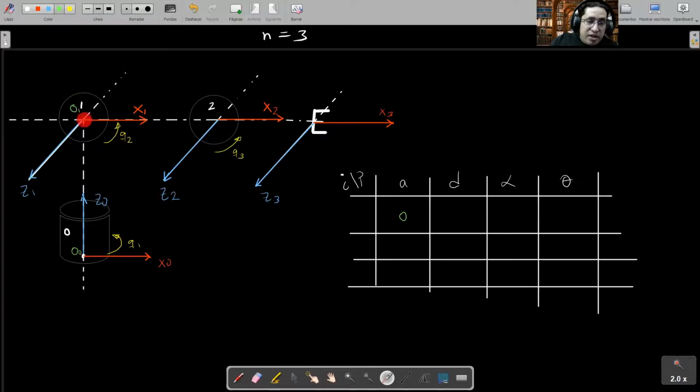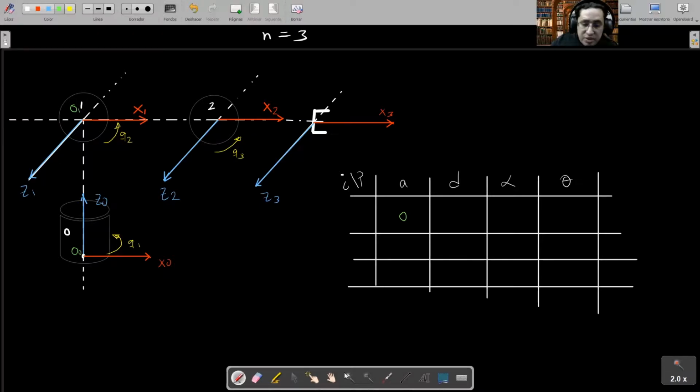number 1 reference frame with respect to the previous one. But the distance should be directed along the previous axis, which is theta 0. Again, the intersection of this and this, the distance with respect to the previous, which is this.